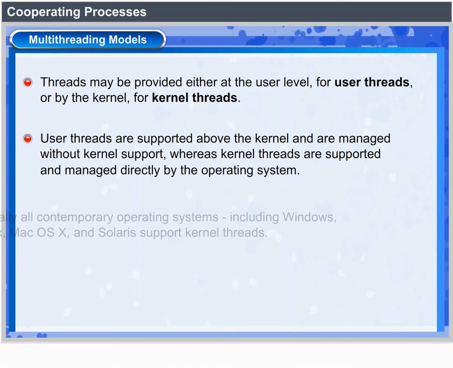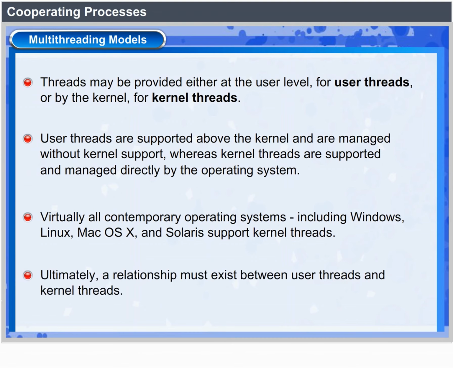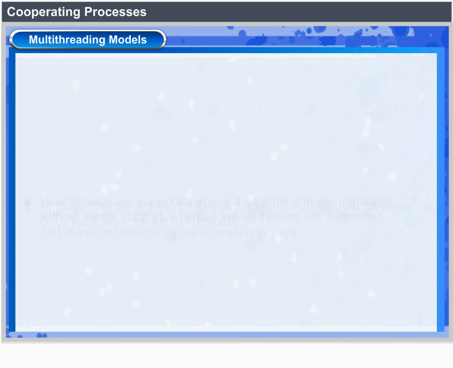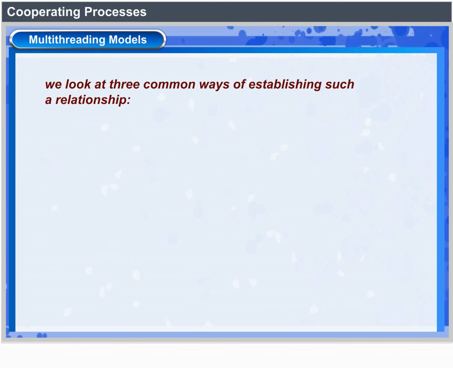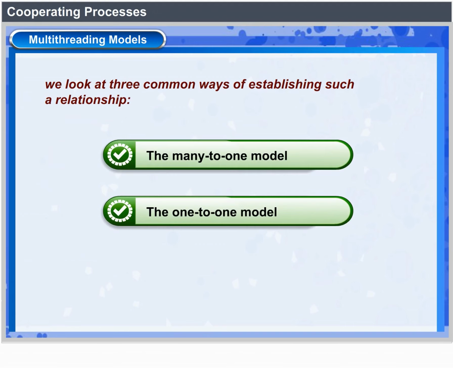Virtually all contemporary operating systems, including Windows, Linux, Mac OS X, and Solaris, support kernel threads. Ultimately, a relationship must exist between user threads and kernel threads. We look at 3 common ways of establishing such a relationship: the many-to-one model, the one-to-one model, and the many-to-many model.